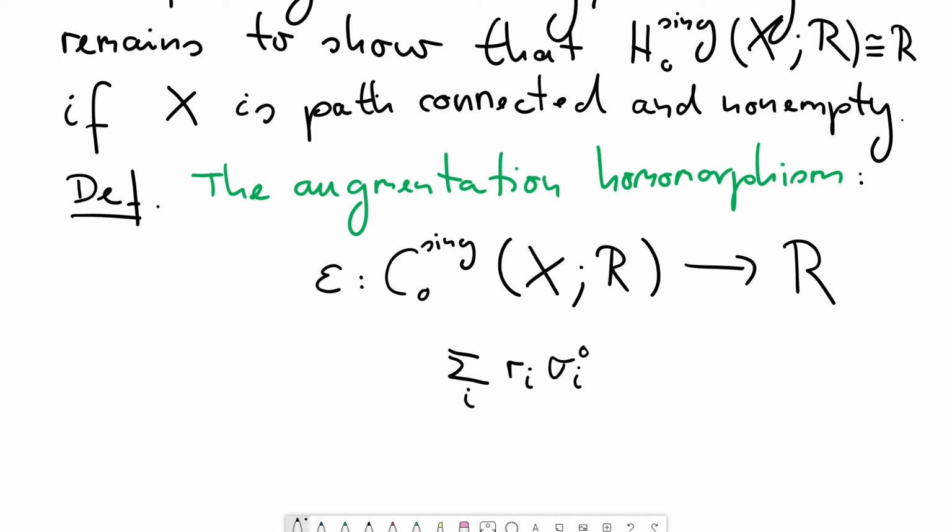And such an element is just mapped to the sum of the coefficients within the ring R. Yeah? And of course, linear combination again means that this is a finite linear combination so that the sum is defined.